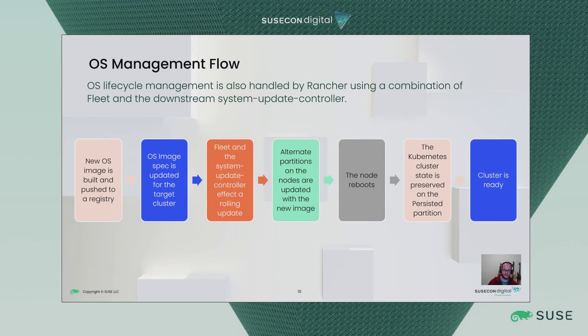Then your Rancher instance will be able to see, hey, there's a new operating system image available, and flag it up in the UI or with some alert saying, hey, do you want to upgrade, right?